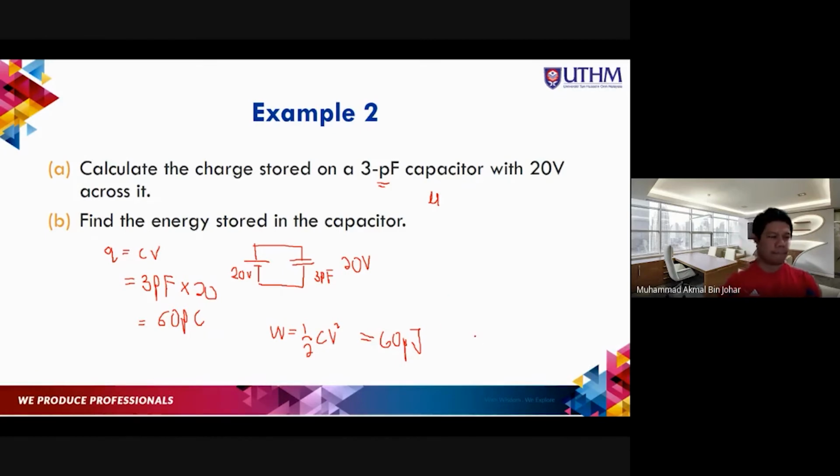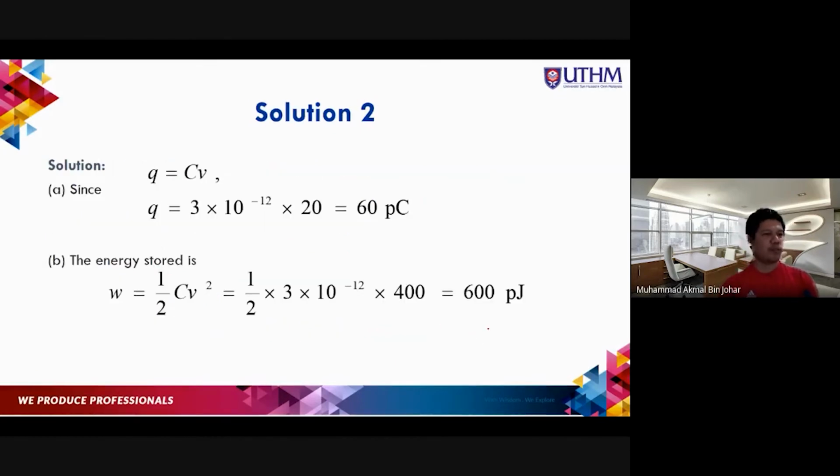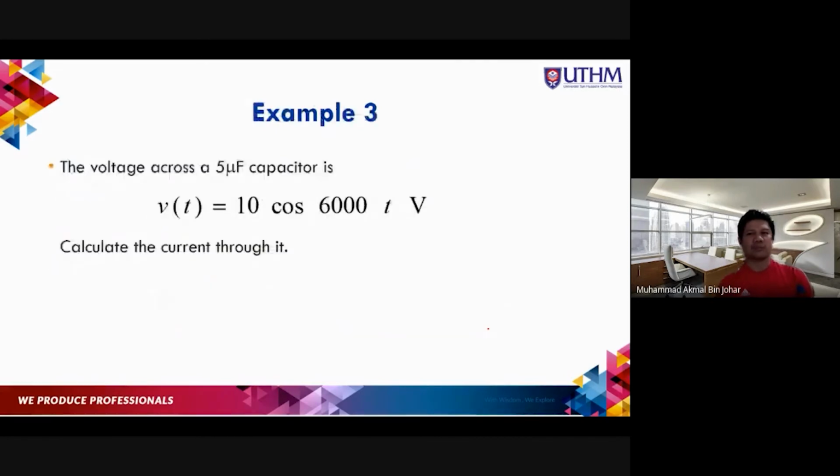Okay, so let's go to next question. So voltage across a 5 microfarad capacitor is V(t) is equal to 10 cos 6000t volts. Ini apa maksud dia?